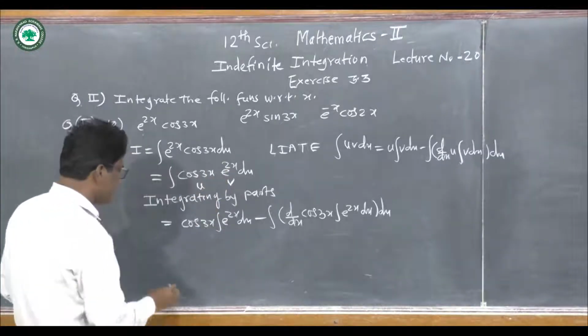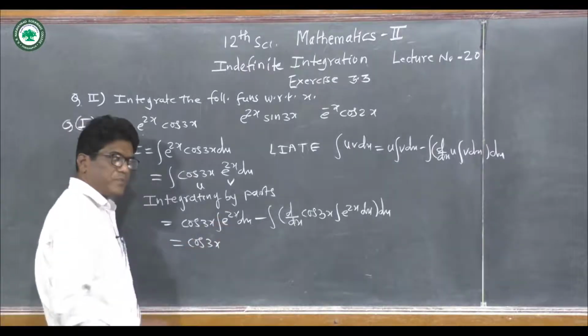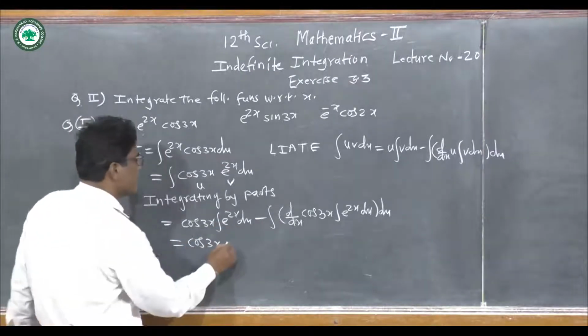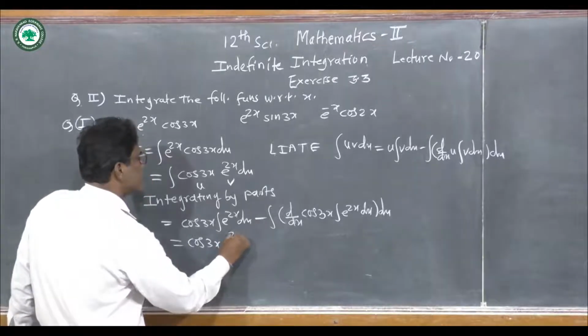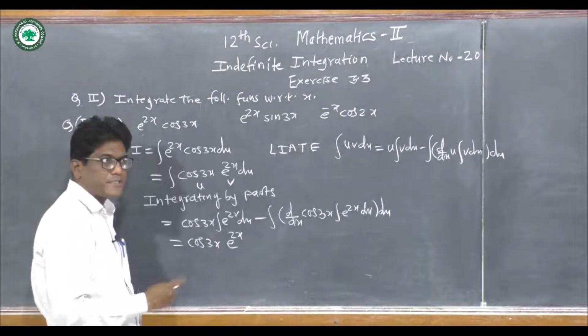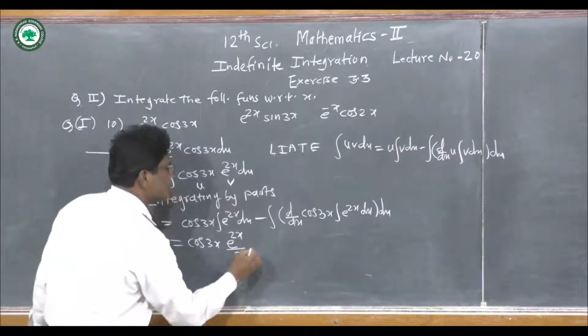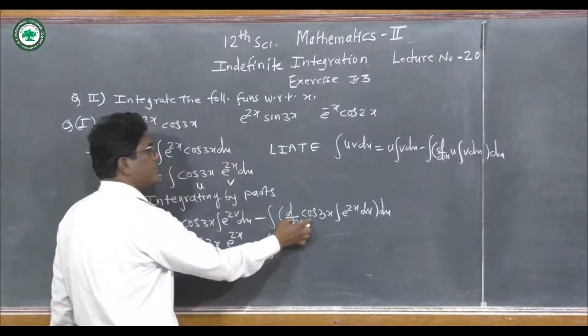Now take the integration. It is equal to cos of 3x times the integration of e to the power x, which is e to the power x. So e to the power 2x, but in place of x there is 2x, so take its derivative. The derivative of 2x is 2, so divide by 2. Minus the integration of the derivative of cos.